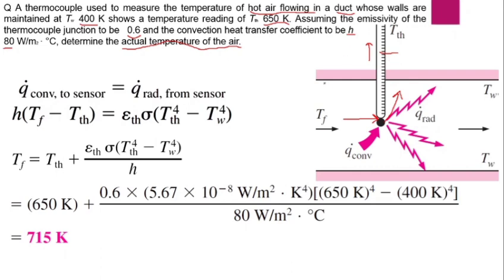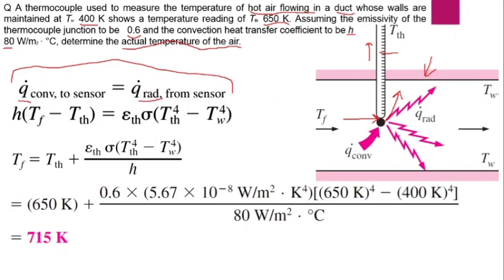So we will always assume in these types of questions that the thermometer or the thermocouple has already attained the steady state. So in the case of steady state, whatever energy comes in will be equal to the energy that goes out, right? So as you can see here, this is how we are going to solve it. The energy coming to the sensor because of convection should be equal to the heat going to the pipe from the thermocouple because of radiation, right?